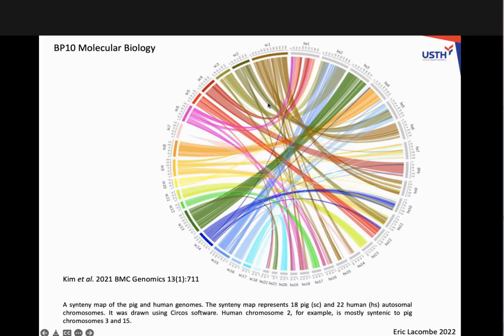There are plenty of other examples if you read carefully. The example between chromosome 3 in human, 21 in human, and 13 in pig is quite simple, because most of the 3 in human is found back in the 13 in pig.